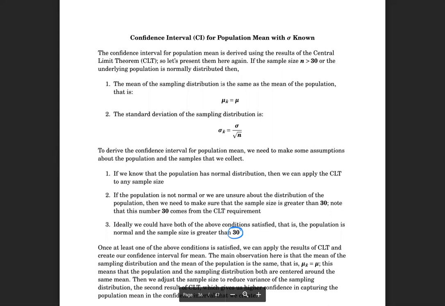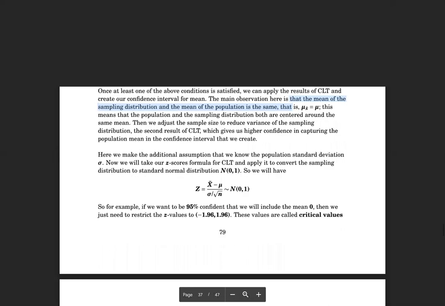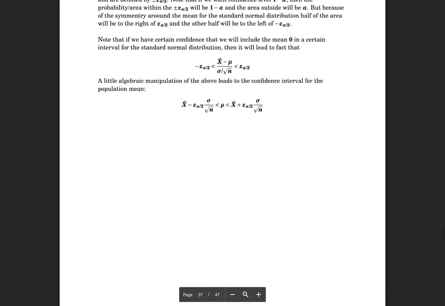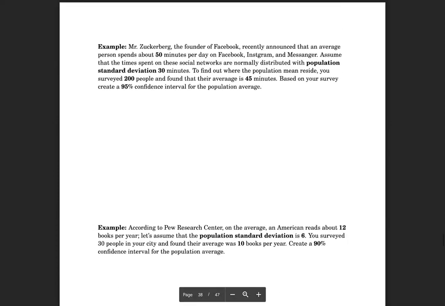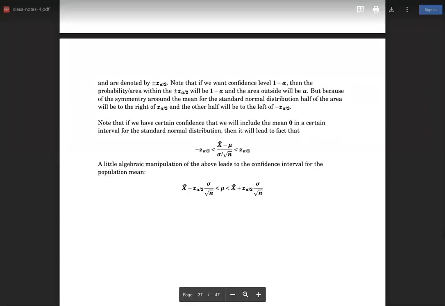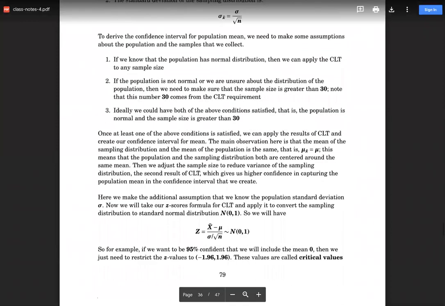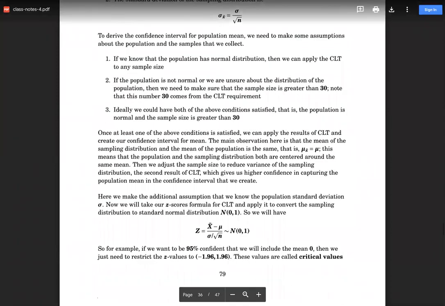So let's jump into problems. I'm not going to go through the theory here. By the way, if you are interested in the theory, it's here. Just read it. It's very similar to what we did for the population proportion.